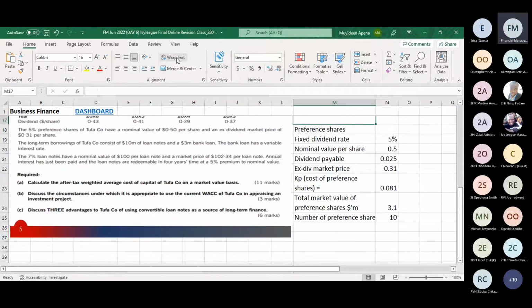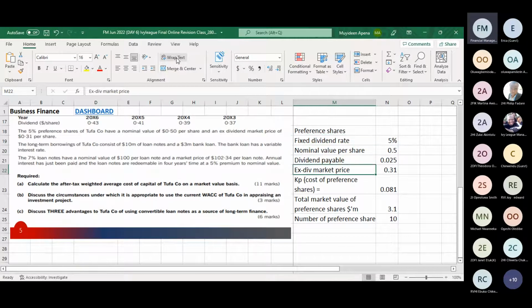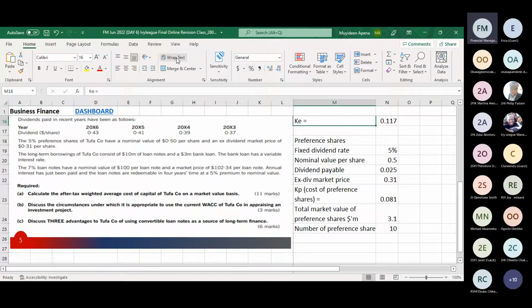That source of finance we can see here, it's about the long-term borrowing. The long-term borrowings of Tufaco consist of $10 million of loan notes and $3 million bank loan. The bank loan has a variable interest rate.